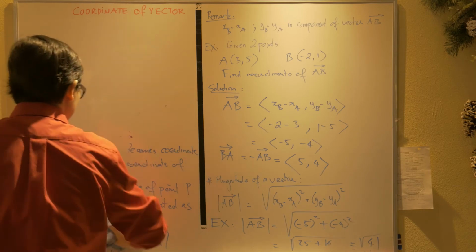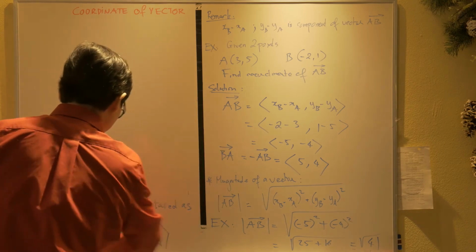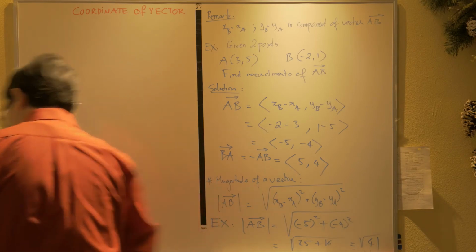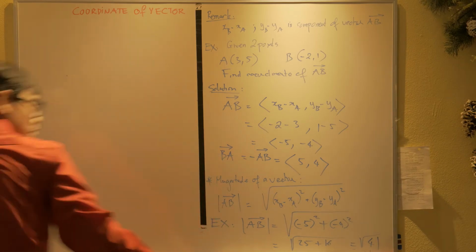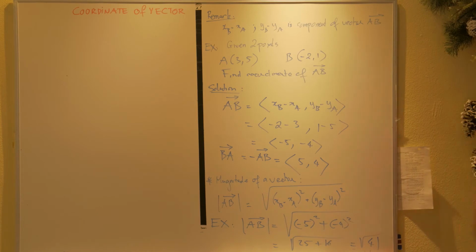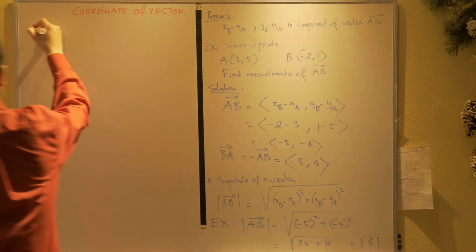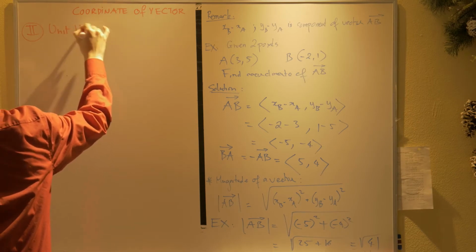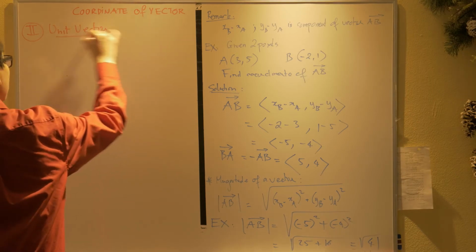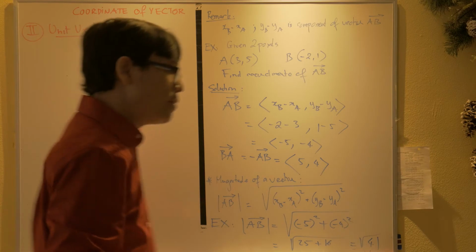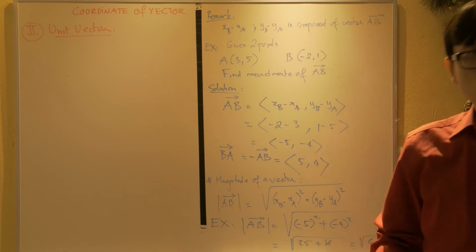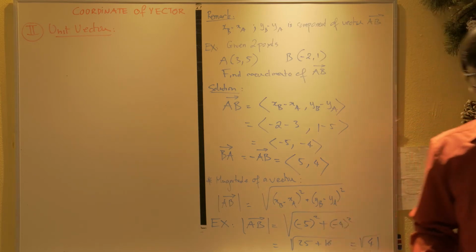What is a unit vector? Any vector whose magnitude equals 1, we can say is a unit vector.